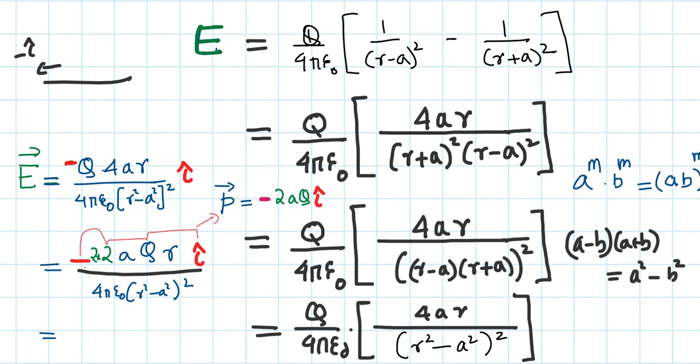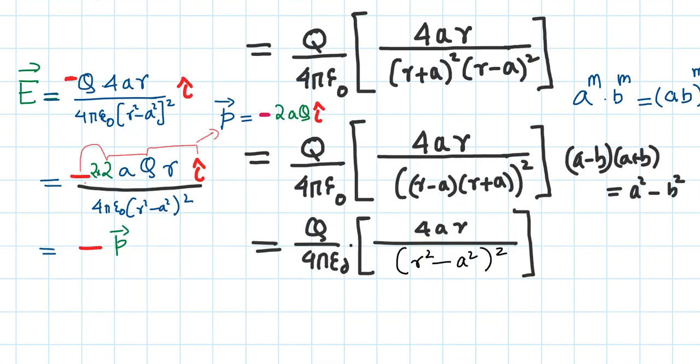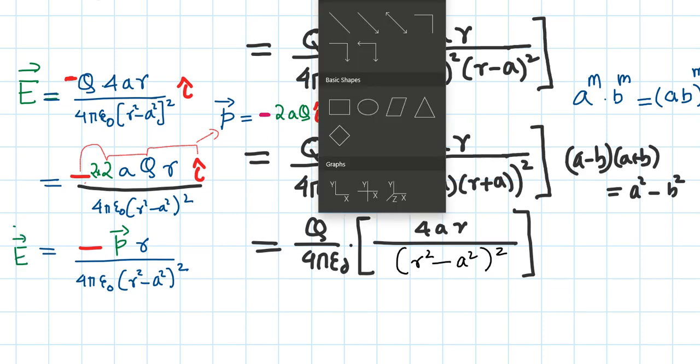So rewriting it, the equation for electric field in terms of the dipole moment will look like minus vector p times R the whole divided by 4 pi epsilon 0 (R square minus A square) the whole raised to 2.